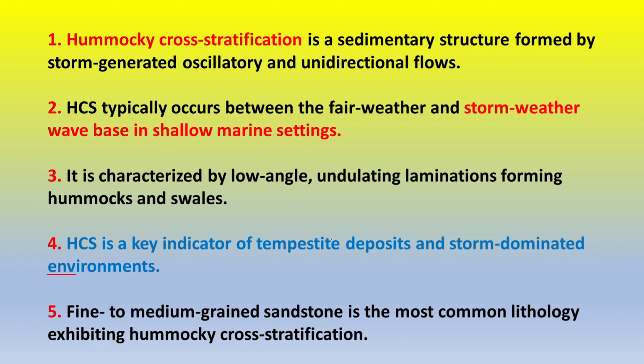Okay. Next, hummocky cross stratification is the key indicator of tide-dominated deposit and storm-dominated environment. Next, fine to medium grain sandstone is the most common lithology exhibiting hummocky cross stratification. This is all about hummocky cross stratification.